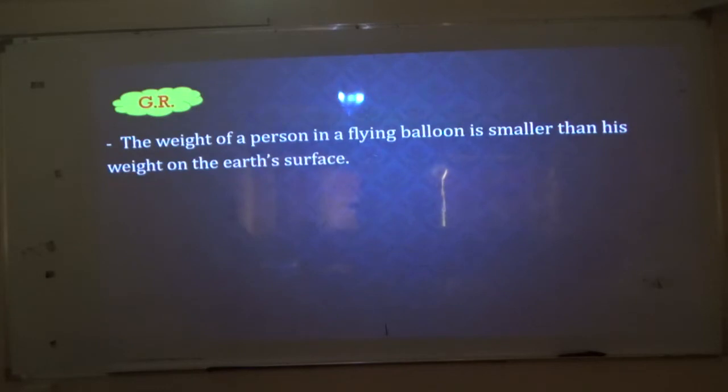If we move up, away from the center of the Earth, what will decrease? The gravitational force will decrease, so the weight will decrease. So, in the flying balloon, he is away from the surface of the Earth. His body will be less attracted to the Earth. The gravitational force will decrease, so the weight will decrease, and this is the right answer for our question.